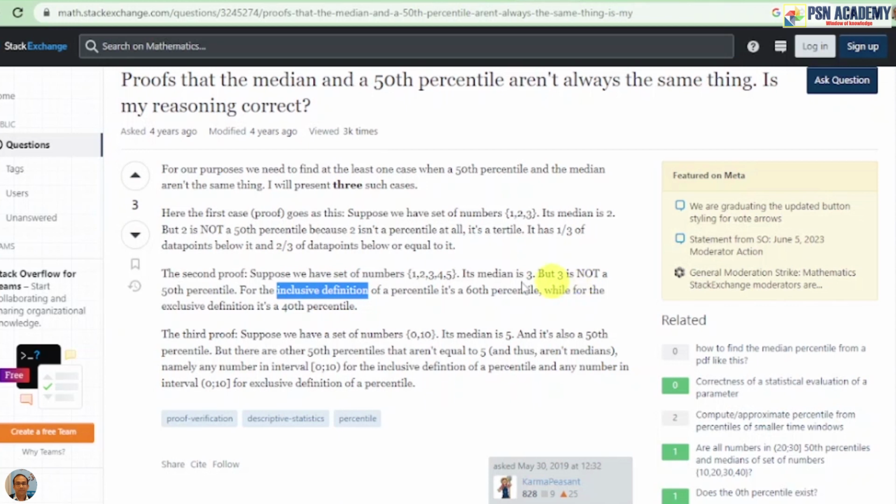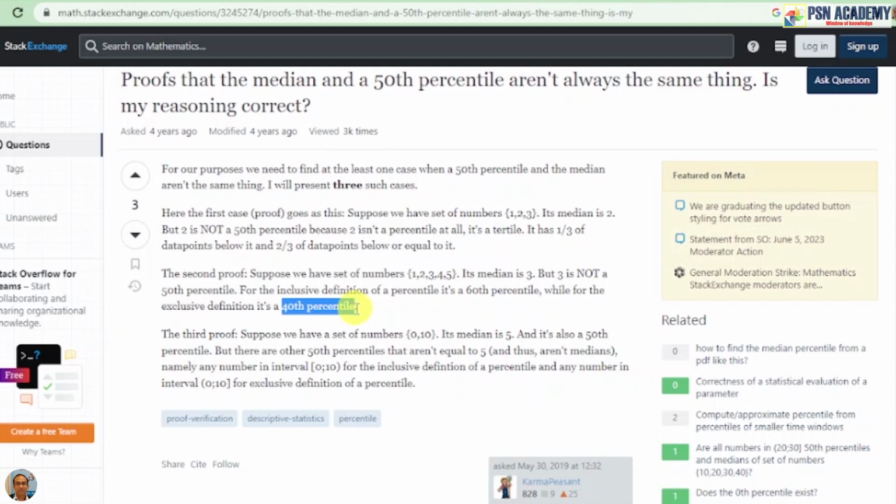And if you do not follow the inclusive definition, that means the exclusive definition, that means you do not count this 3 now, then you will count 1 and 2, and the count is 2. So 2 out of 5, if you convert this to percentage, then you will get 40%. So if you follow this exclusive definition, then 3 is standing at 40th percentile.